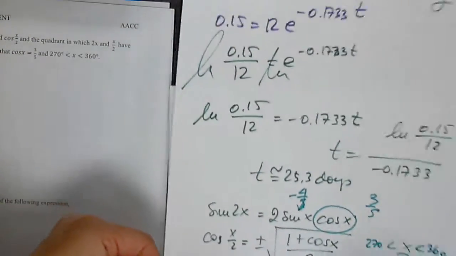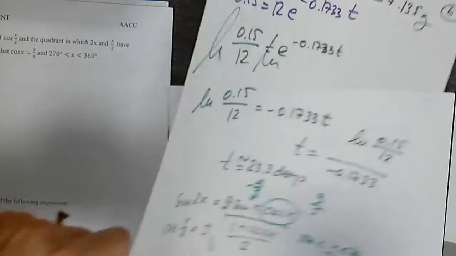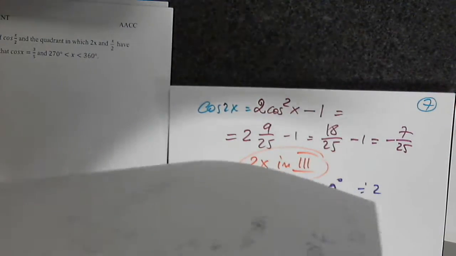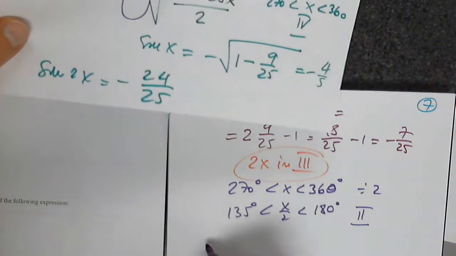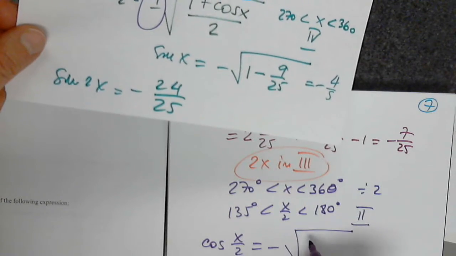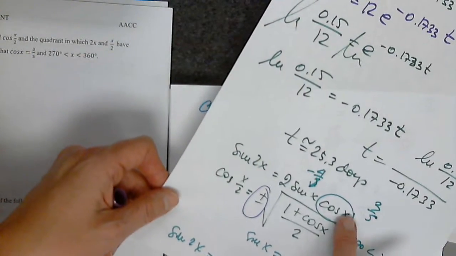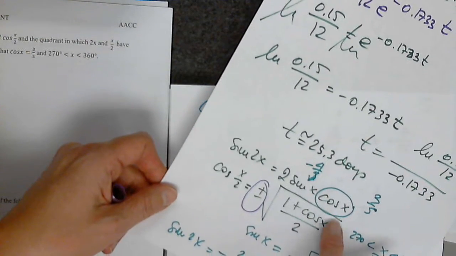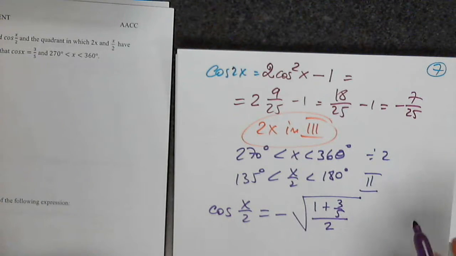So now when I'm asked to find cosine x over 2, knowing that x over 2 is in the second quadrant, which sign do I pick for this? Exactly. So then I know that cosine x over 2 is negative the square root of 1 plus 3/5 over 2. Why? Because I'm given 3/5. So then it's 5 plus 3, which is 8.